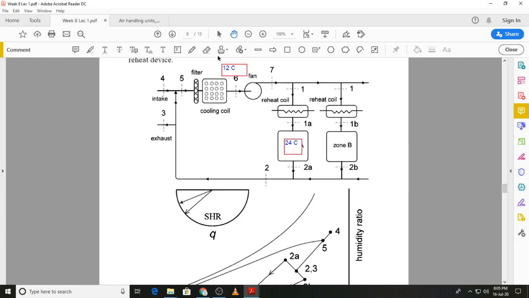You will see the reason why I'm saying that. Let's say we are going to maintain it at 26 degrees C.